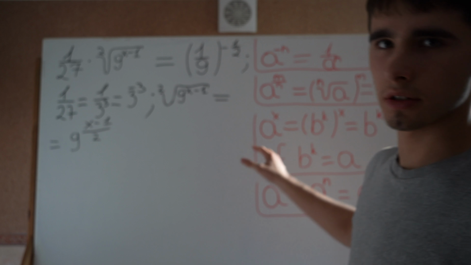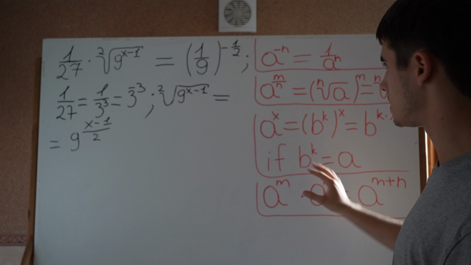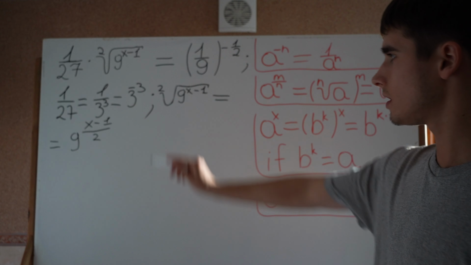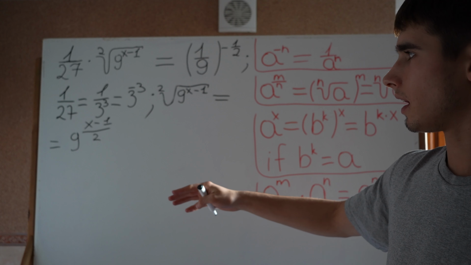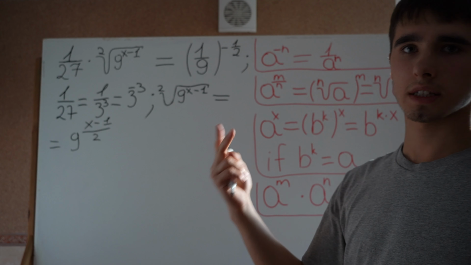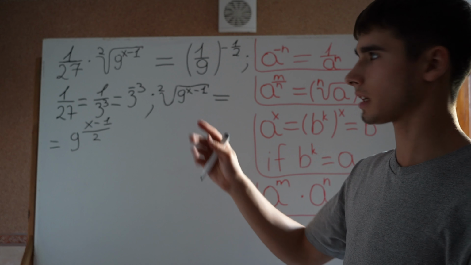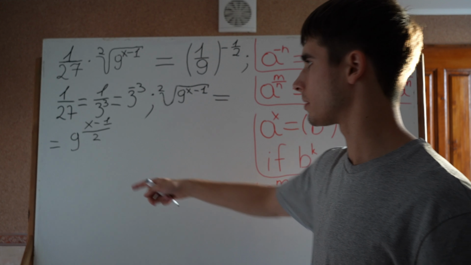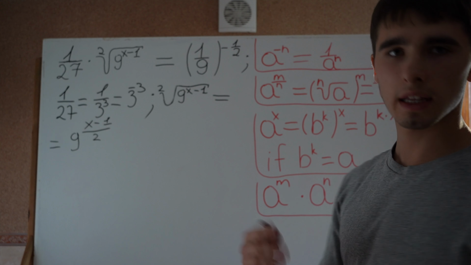It's pretty hard for me to explain this, especially this formula. It's difficult, you know. But as you can see, in this case we have 9, and we can represent it as 3 raised to the second power. Then we multiply the second exponent by this exponent, x minus 1 over 2. And let's write it down.